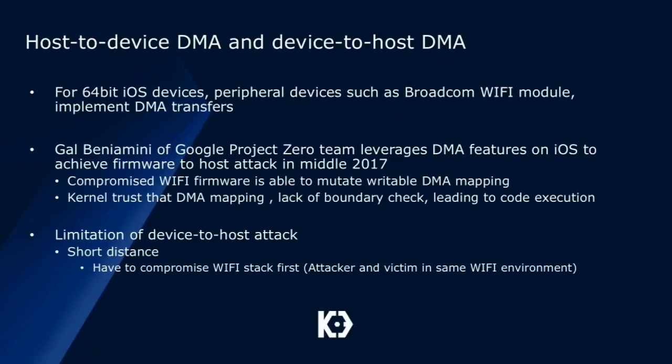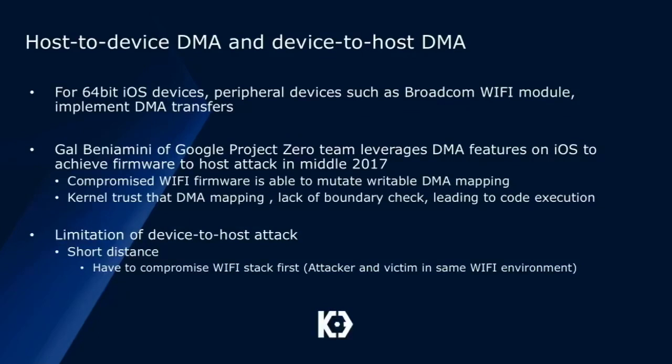And iOS thinks that the DMA on the device is trustable, so it eliminated the necessary boundary check. Finally, with the Wi-Fi stack compromised, it is very easy to modify that memory and finally lead to kernel code execution. However, such an attack has some limitations.